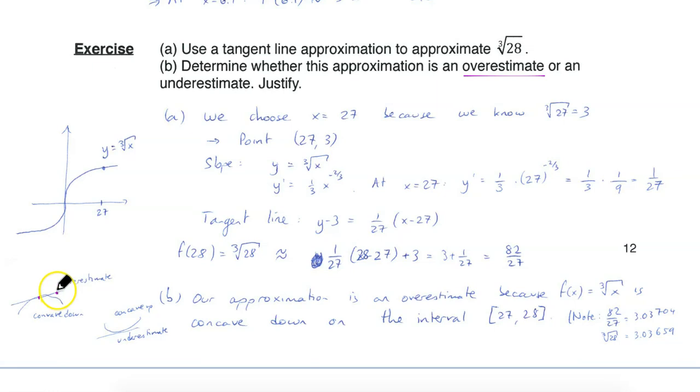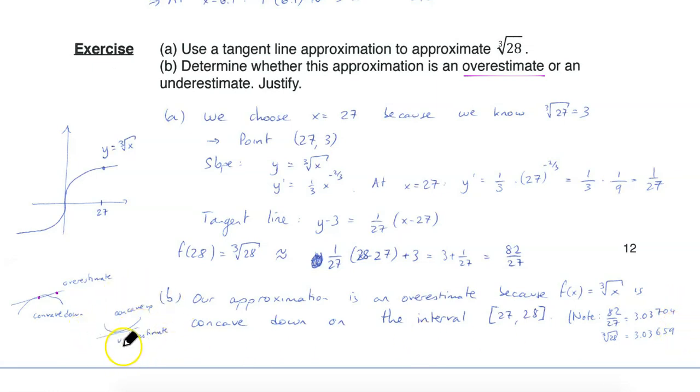So that means the result I got using my tangent line is an overestimate of what the real cube root of 28 is. It's impossible to draw it clearly here, but you can maybe imagine that the tangent line is above the curve, and so the value I got has to be above the actual value of the cube root.